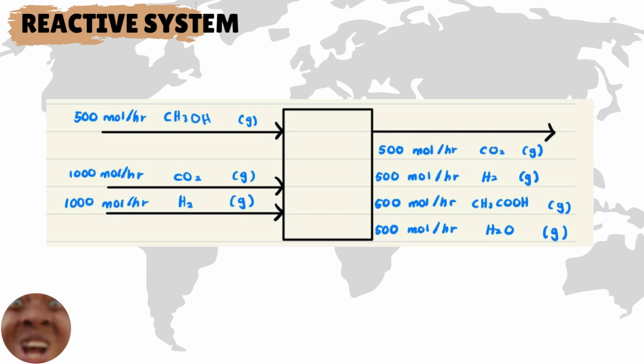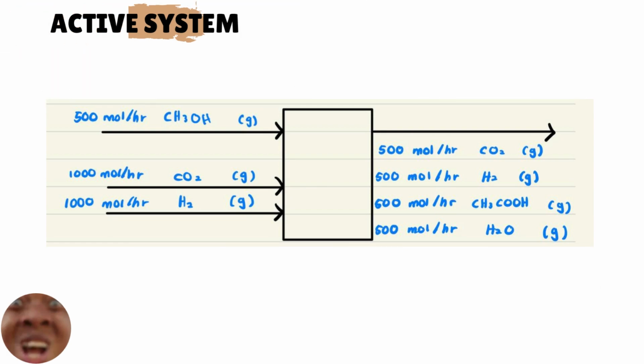After reaction takes place in batch reactor, the output is the mixture of 500 mole per hour of acetic acid, 500 mole per hour of water, 500 mole per hour of unreacted carbon dioxide gas, and 500 mole per hour of unreacted hydrogen gas. Therefore, the flow rate of carbon dioxide gas and hydrogen gas in the feed are both 1000 mole per hour respectively.